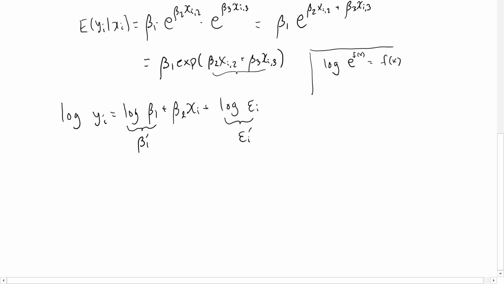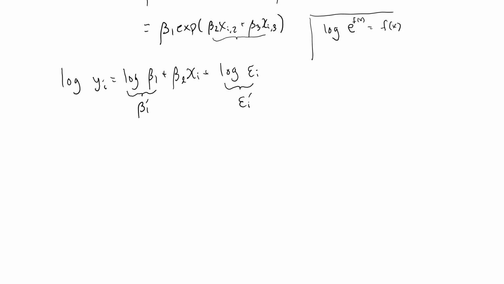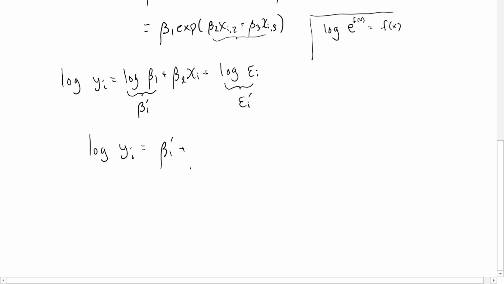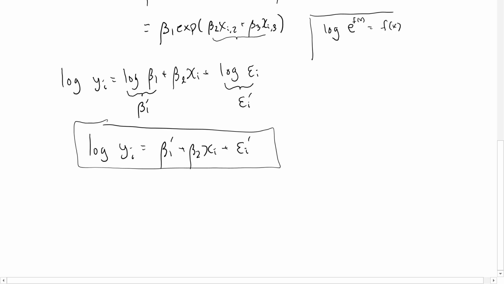We call this epsilon_i prime. These are my new error terms, and we have the log-linear model. Log y_i is beta 1 prime plus beta 2 x_i plus epsilon_i prime. You can also see why it's called log-linear. That's because we have a log here, and this is linear. So the log-linear model.